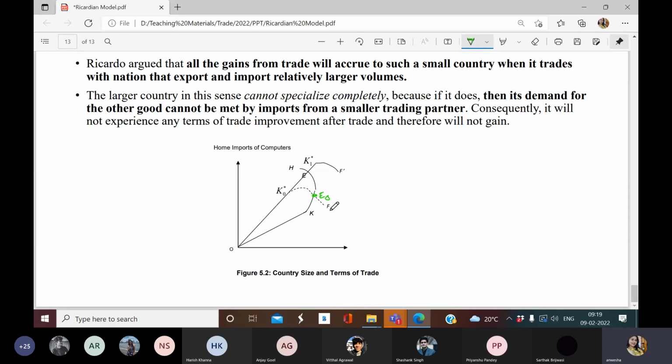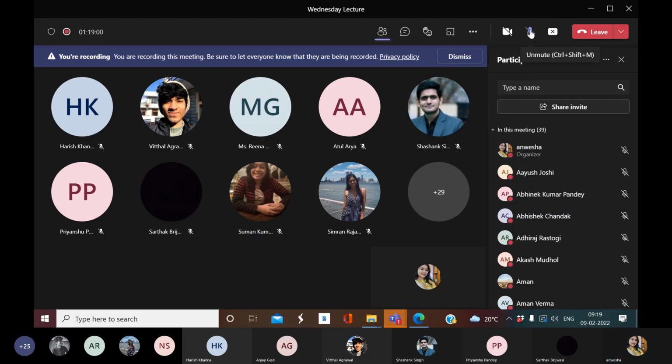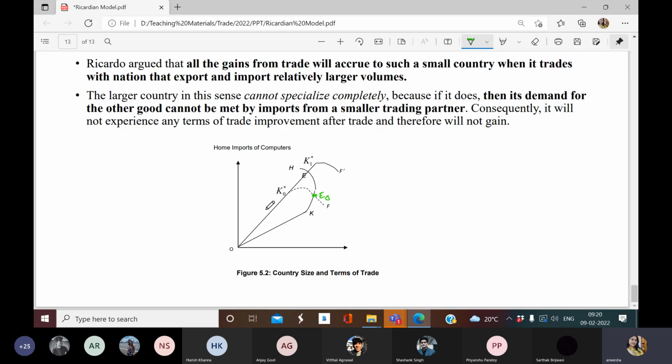It is now an elongated one. Suppose the new foreign offer curve is OK1*F'. So consider the case where the foreign country is a large country, and the offer curve is OK1*F'.